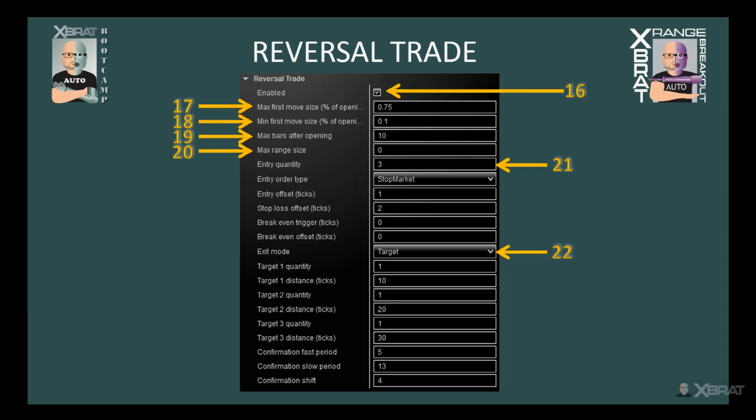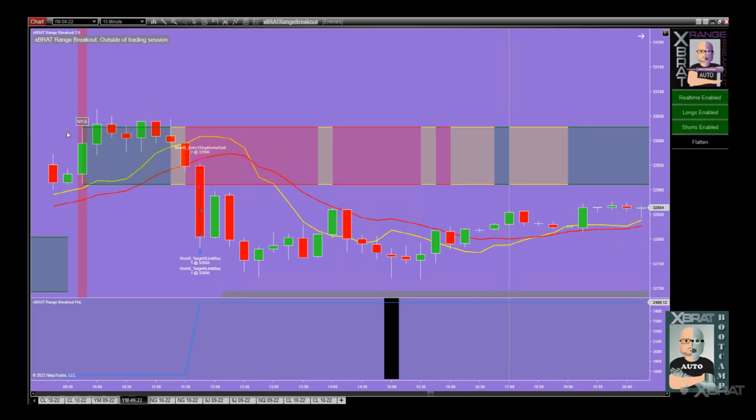So let's go and have a look at charts so you can understand it a little bit easier. Okay, so this is YM on the 15-minute, and we have a reversal. We have the first 15-minute candle produce a range with a bias of green.